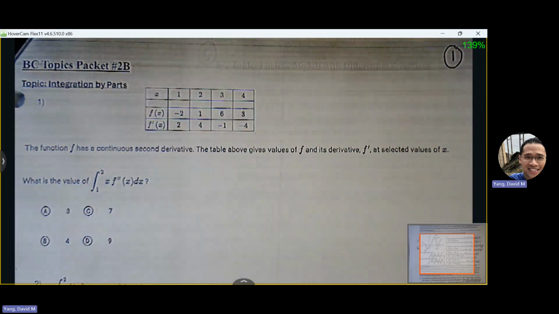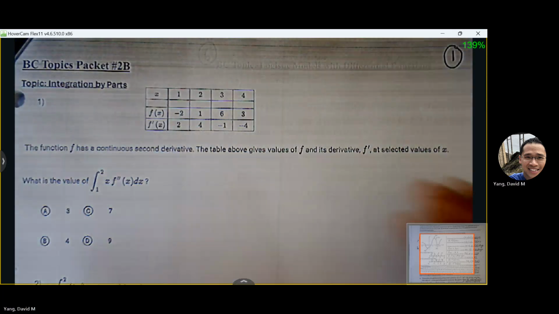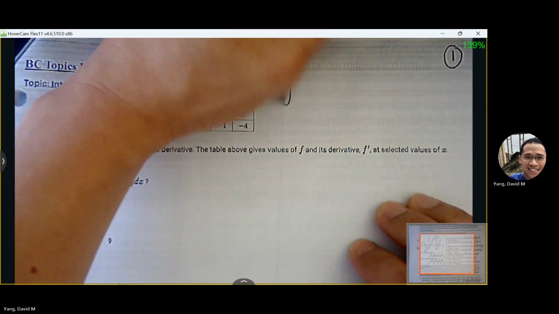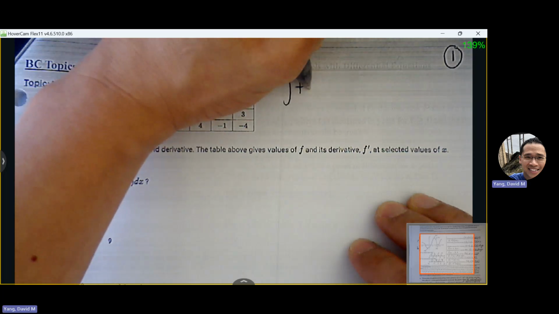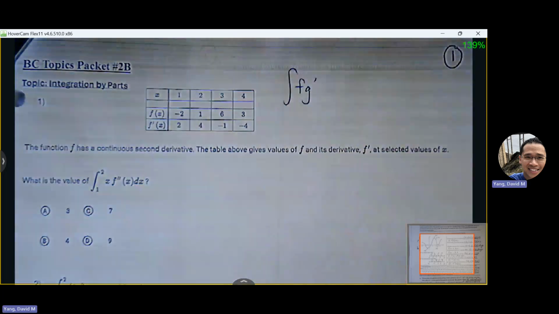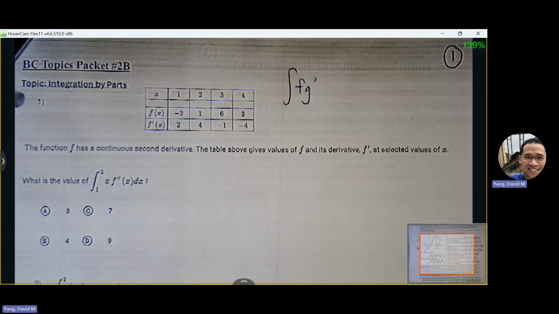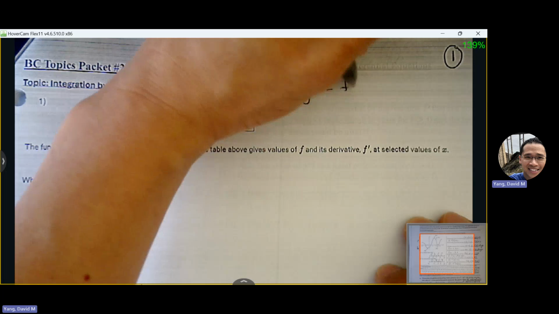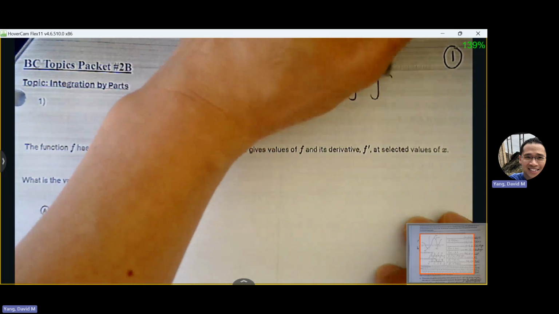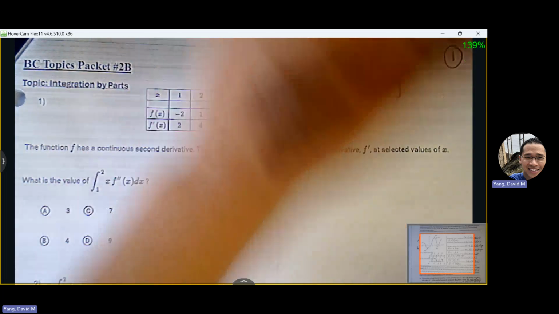Okay, so integration by parts. Here's the formula. It's kind of like a reworking of product rule, but with integrals involved. It's kind of like a rearranging of it. So the integral of f g prime is equal to f g minus the integral of f prime g.